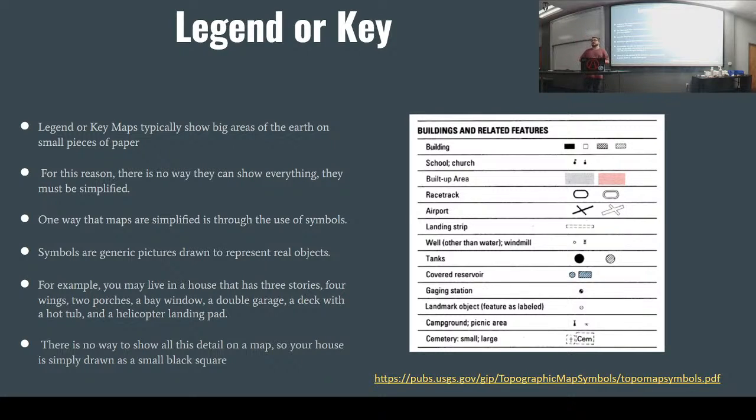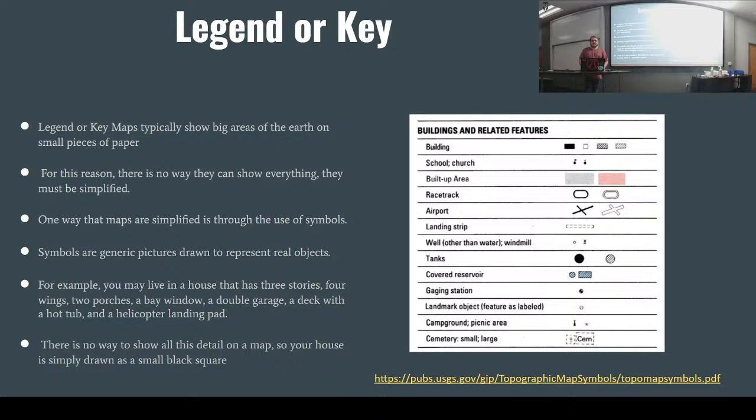We're going to go a little bit more in depth into the legend and key, because from the lab results it seems like some people had a little trouble with that. So a legend or key is essentially what it says.